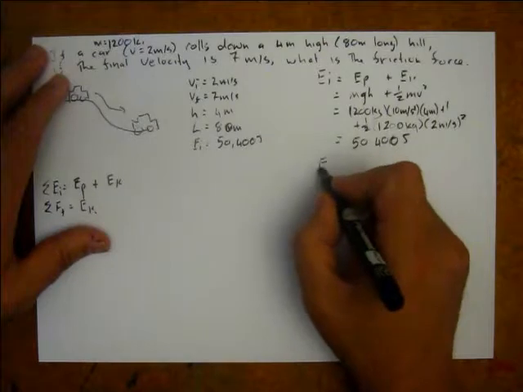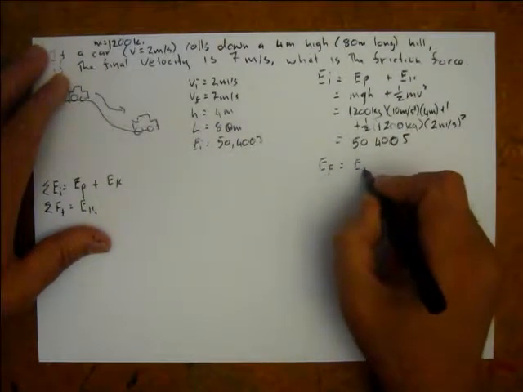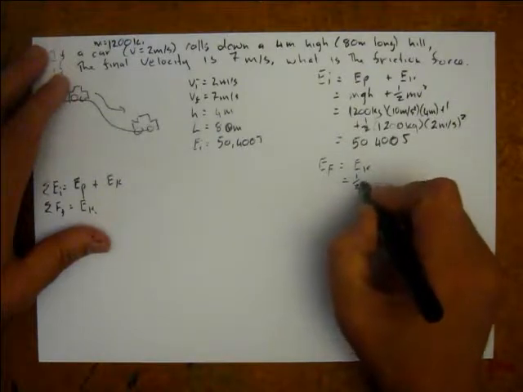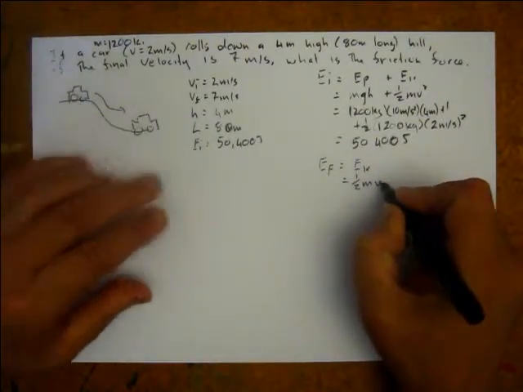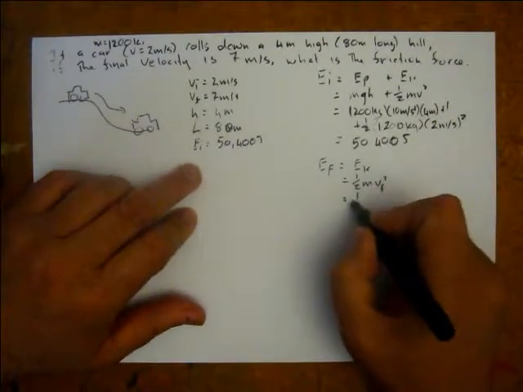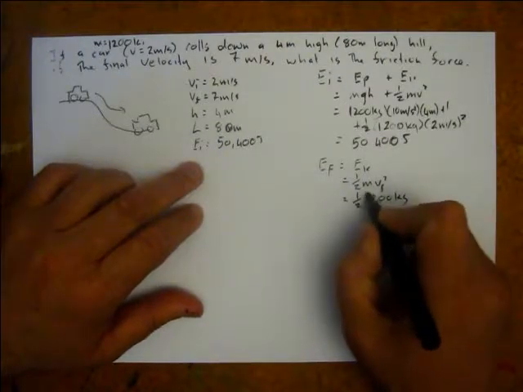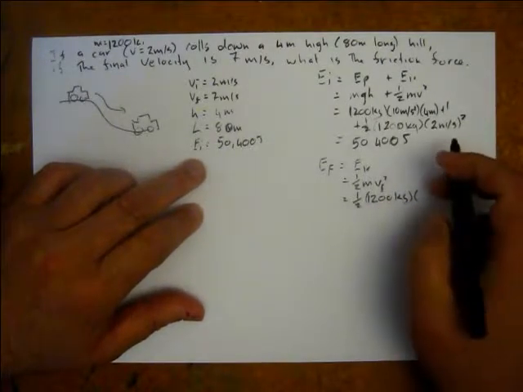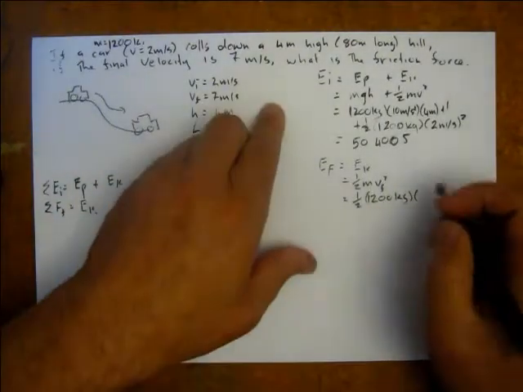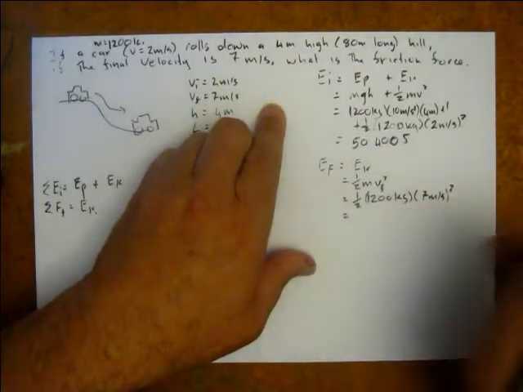What's the final energy going to be? The final energy is equal to EK, which is equal to half mv squared, with the final velocity squared, which is equal to half 1200 kg times the velocity, we said is 7 meters per second at the end, squared.